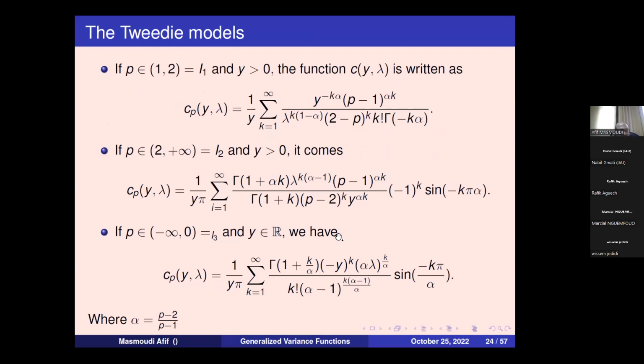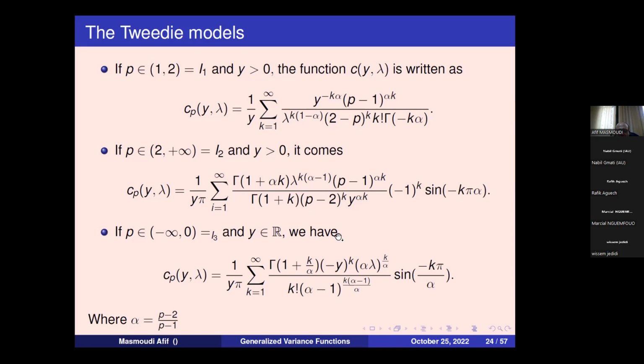Maybe I'm not sure, but in the third case, the exponent of lambda normally is negative. You have a density in lambda or in y?